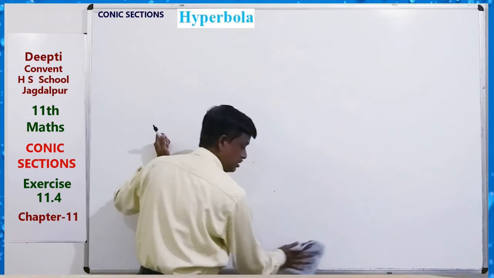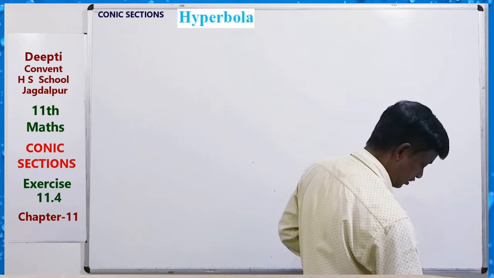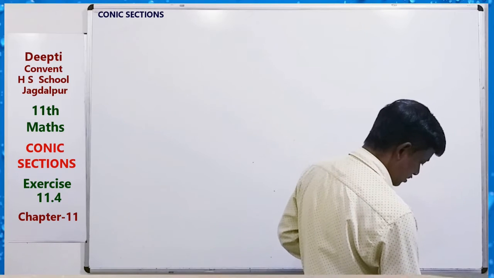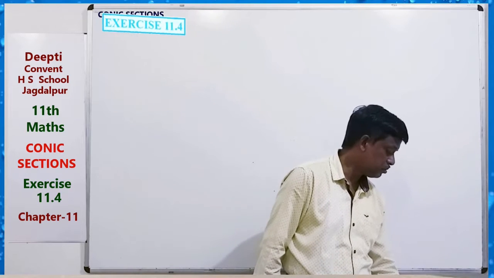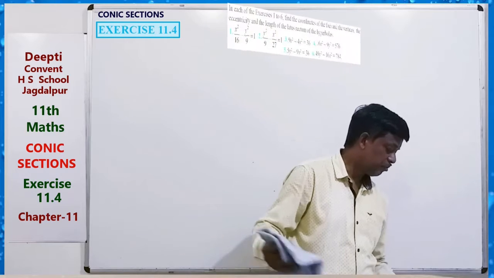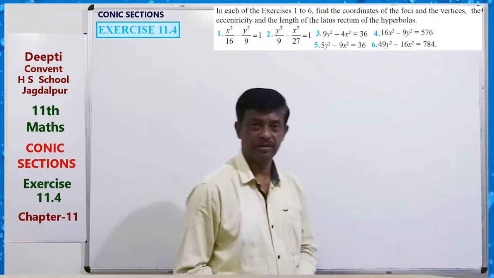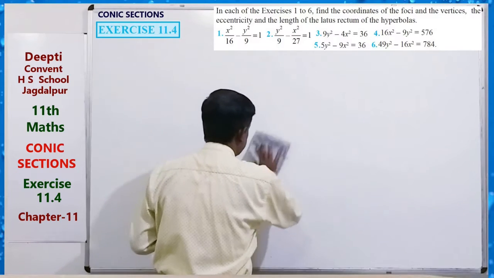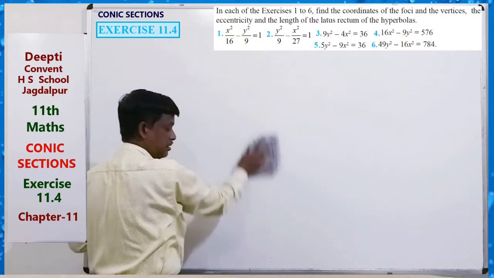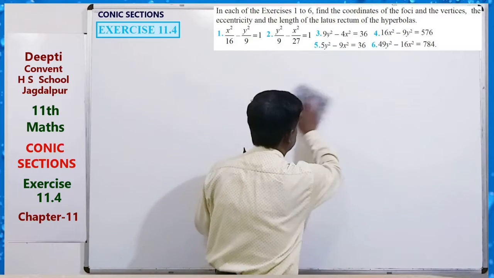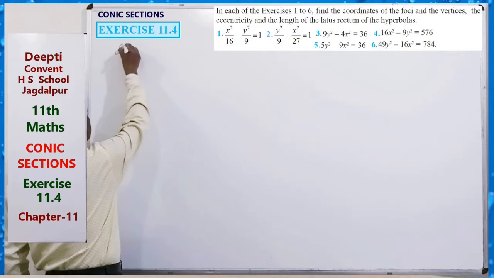See, here also questions 1 to 6 are given, same as before: foci, vertices, eccentricity, length of latus rectum, all we have to find. Foci, vertex, latus rectum, and eccentricity. Clear? So take question 1.